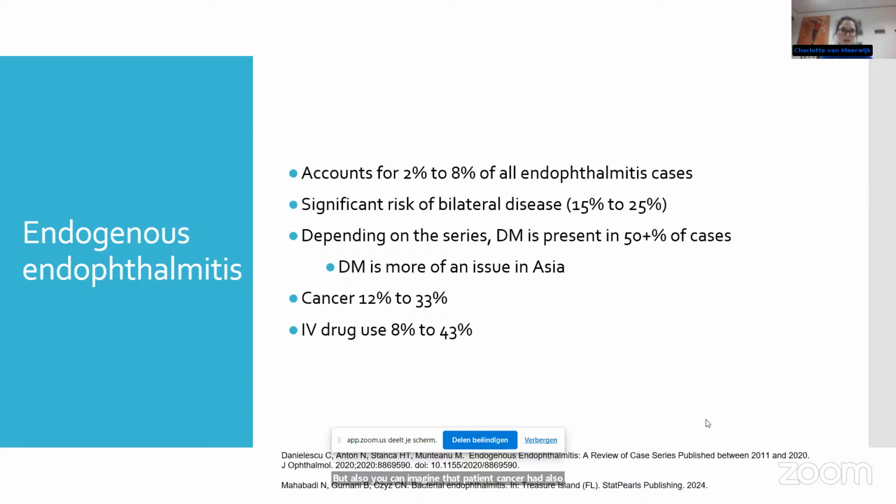So due to chemotherapy or catheters, because of the treatment, they also become immune compromised. So that is another reason that they are more vulnerable to developing this kind of endophthalmitis. And also intravenous drug use is seen as a risk factor in 8 to 43% of cases.